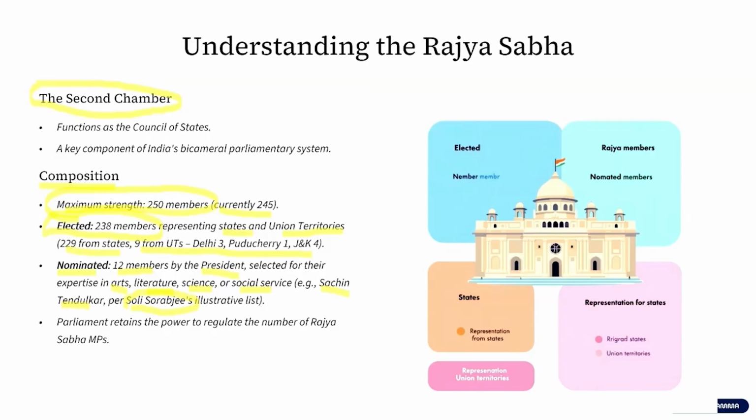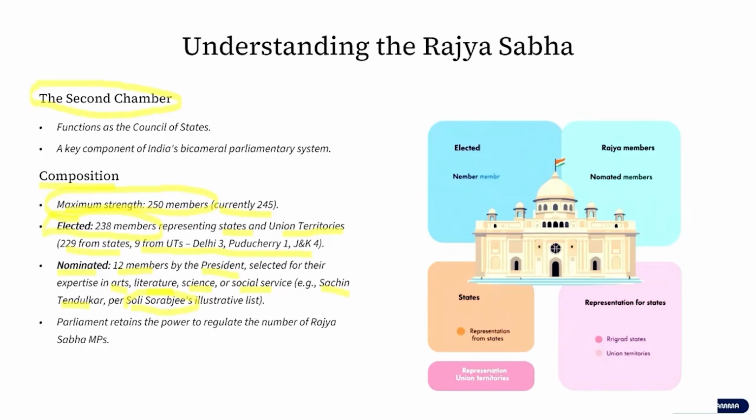Rather, it is an illustrative list. What is this illustrative list? That is, these 12 members should not be limited only to these four fields. Rather, they can also be linked to other fields associated with these aspects. Hence, Sachin Tendulkar was also nominated to the Rajya Sabha. I hope this is clear.